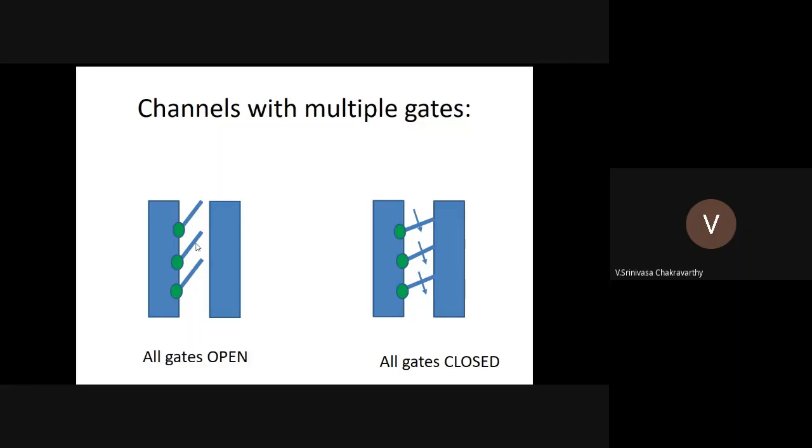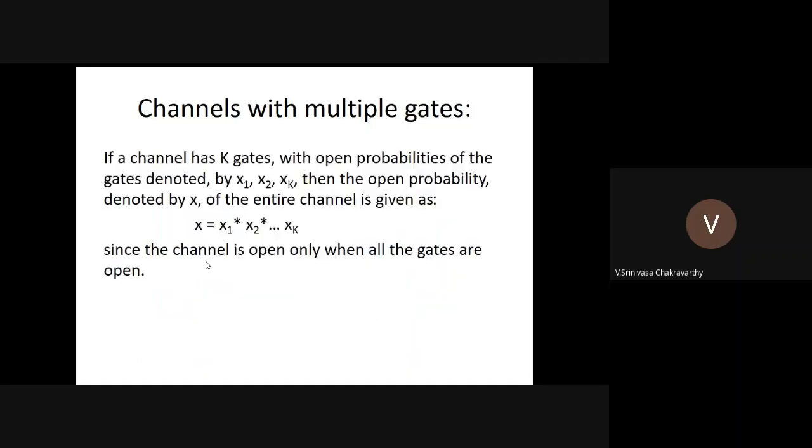Similarly, when all the gates are closed, you say that the whole channel is closed. Now, if you want to describe the channel open probability, you have to talk about the open probability of the gates and see how to combine them to define the open probability of the channel.